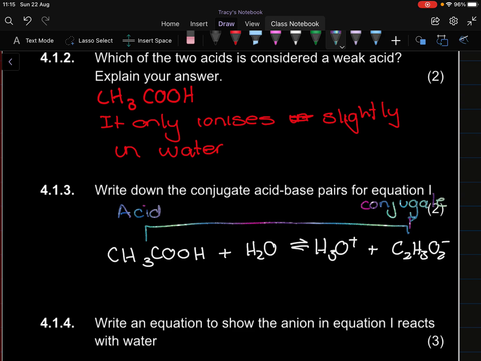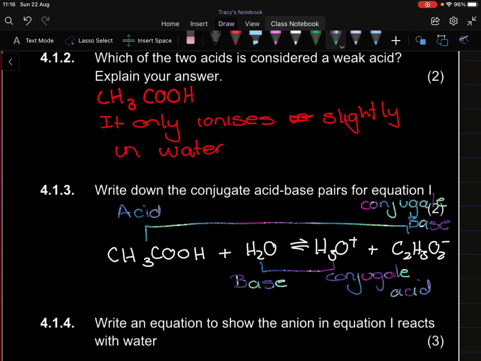You must call it a conjugate base. Now, that means water has to be the base. Remember, it's an amphiprotic substance, so it can change, and makes this the conjugate acid.